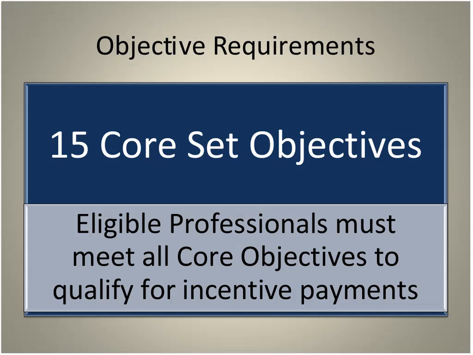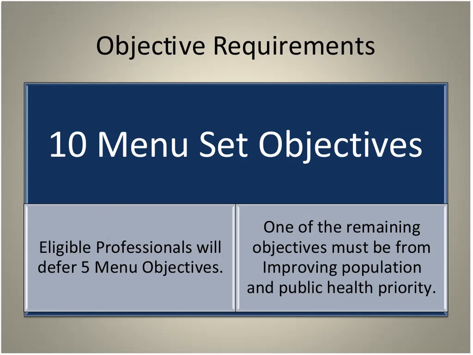I mentioned 25 meaningful use objectives. 15 are in the core set that technically have to be met. And then there are the 10 menu set objectives, of which 5 may be deferred, but at least 5 have to be done, including either immunizations or public health surveillance.